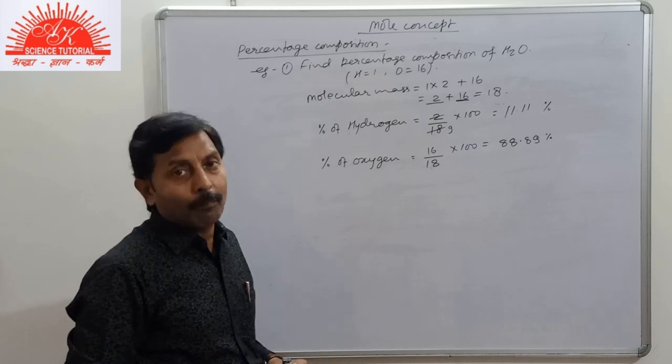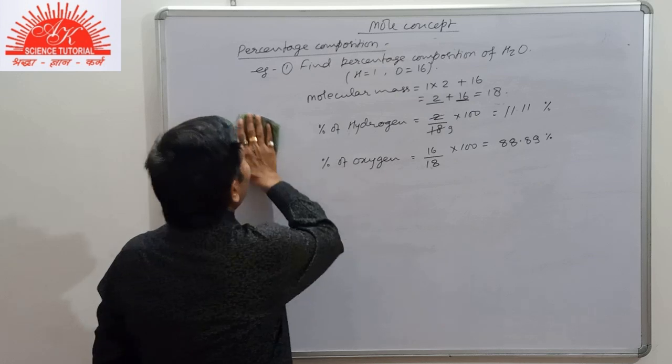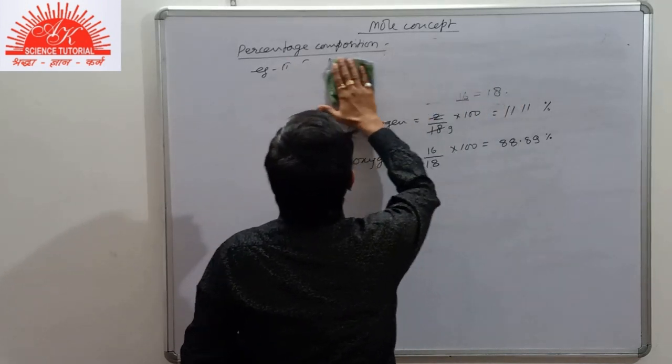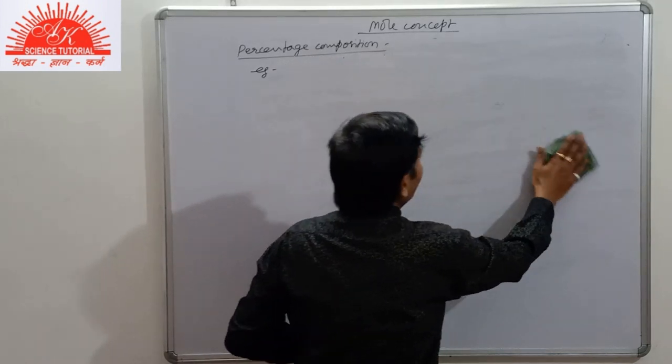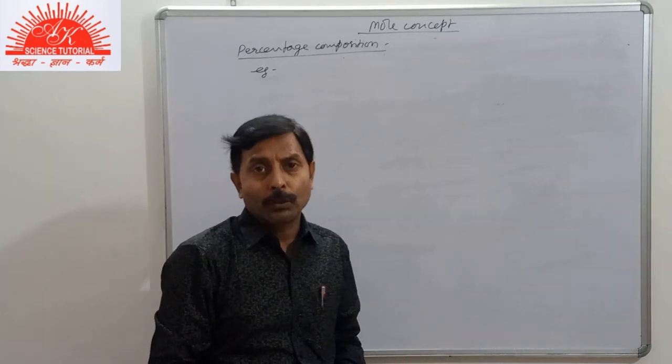Now, take one more example. Suppose there is some complex compound, and you have to find out its percentage composition.